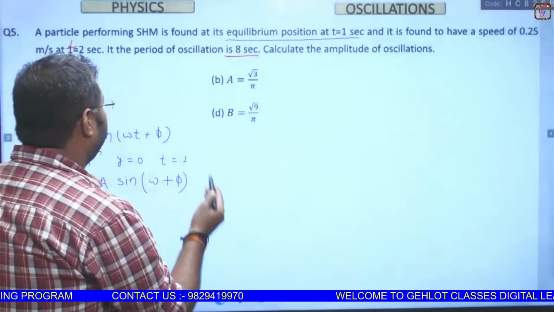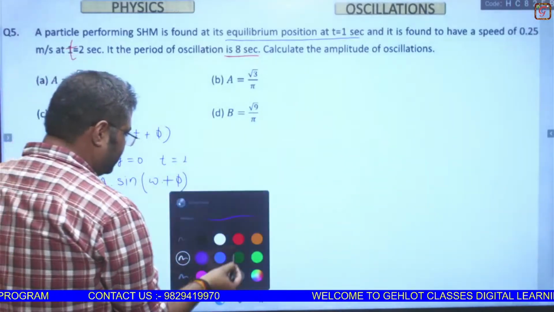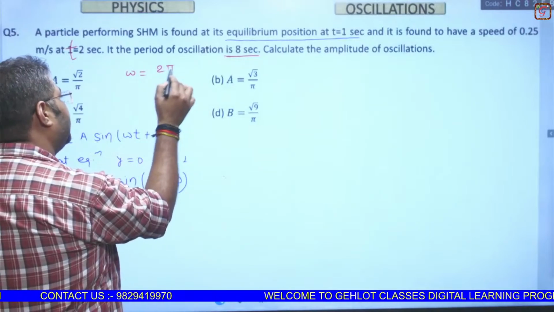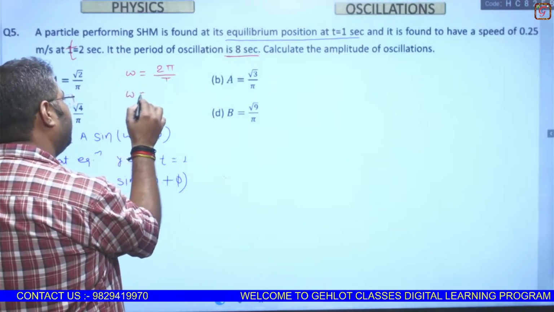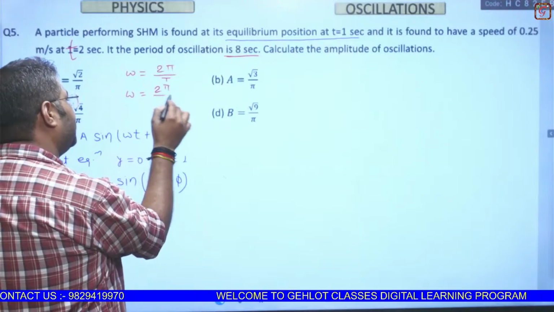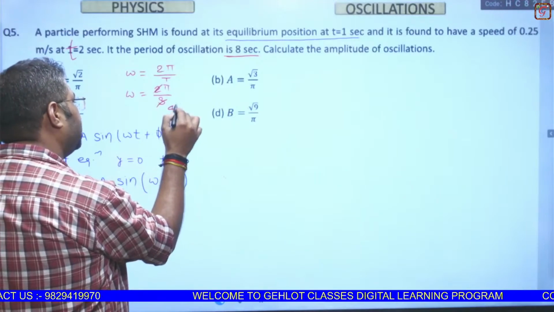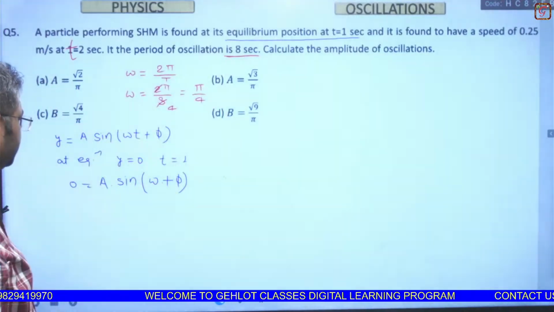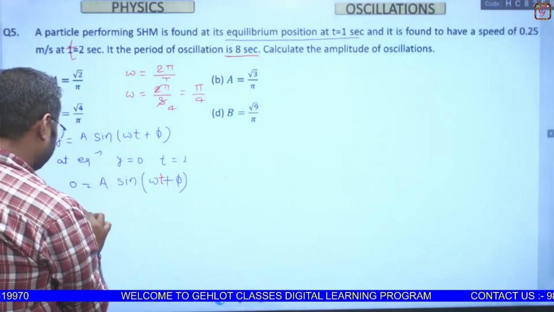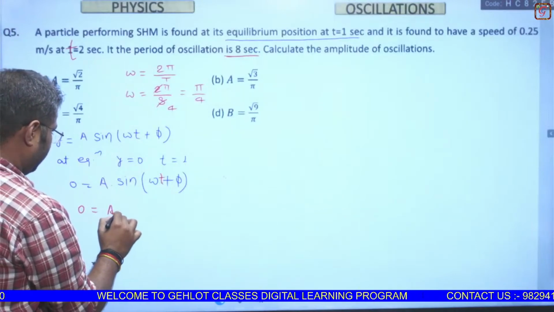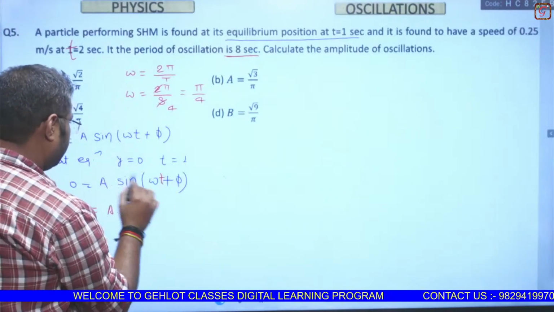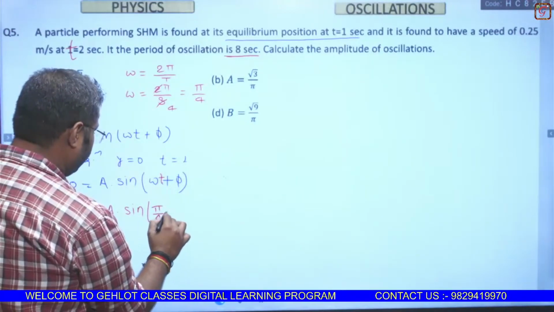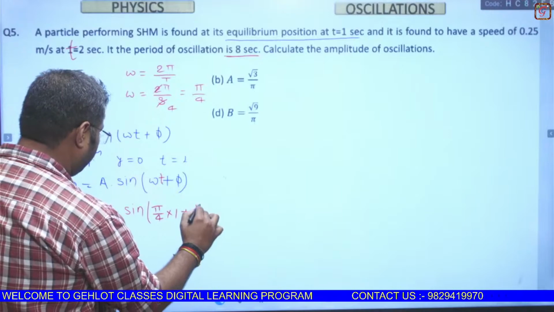The time period of oscillation is given as 8 seconds. So omega can be written as 2 pi by T. So omega will become 2 pi by 8, or if we solve this, omega will become pi by 4. So substitute this here. So 0 is equal to a sin(omega, that is pi by 4 into 1 plus phi).